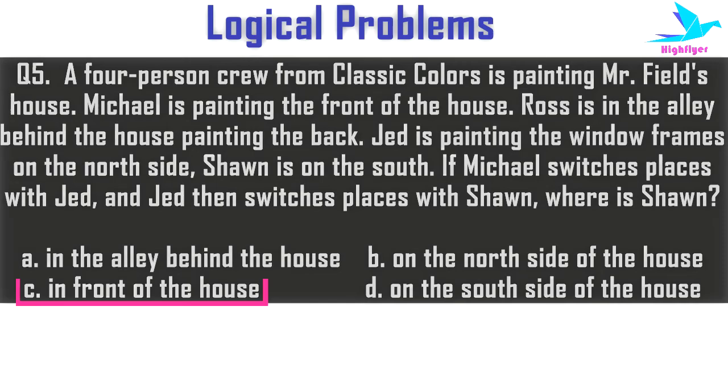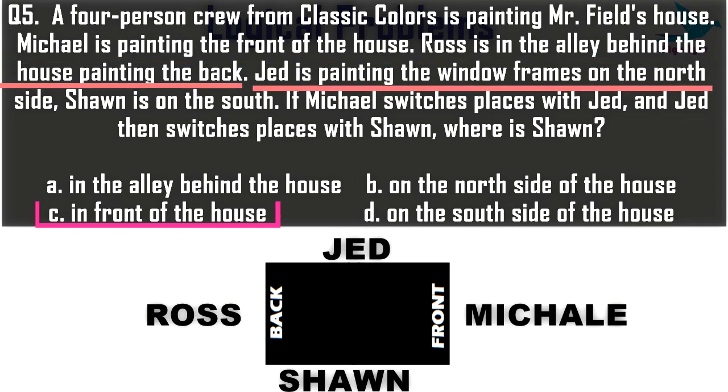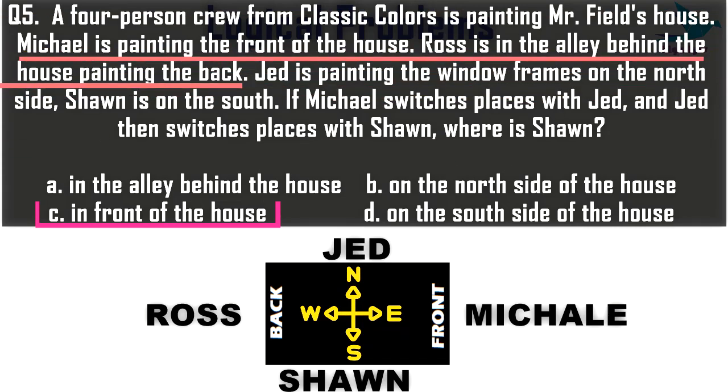Let's see how. Now first let's draw the 4 sides of the house, east to west, north and south. Now as per the question, it's given that Jade is painting on the north side and Sean on the south. So let's put both of them on north and south respectively. Now the next condition is Michael is in the front and Ross is in the back. But one thing which is not clear is whether this house is an east facing house or a west facing house.